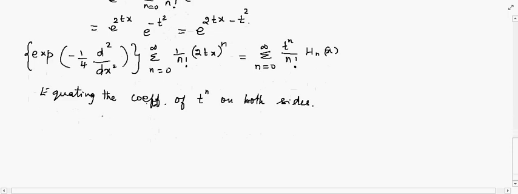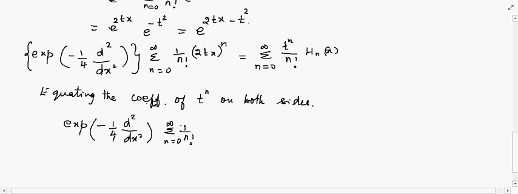in the left hand side, we will be getting exponential of minus 1 by 4 d square by dx square of sigma n equal to 0 to infinity 1 by n factorial.